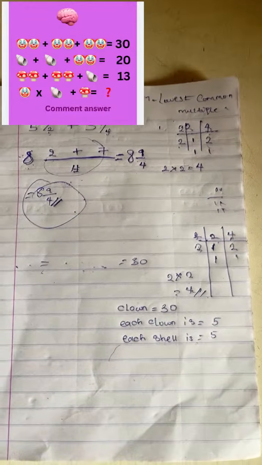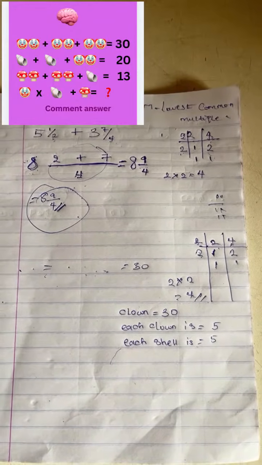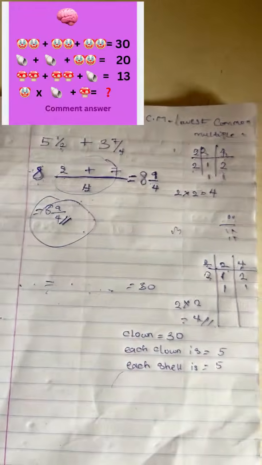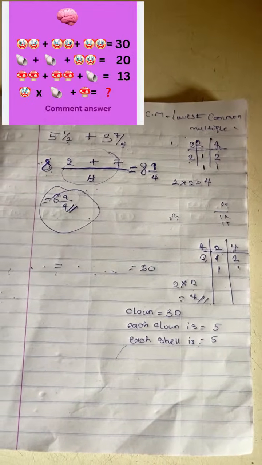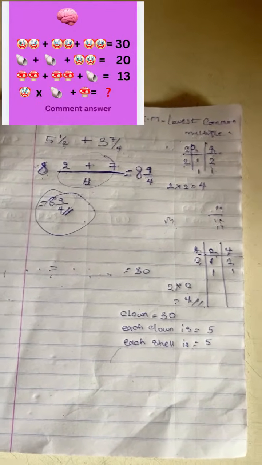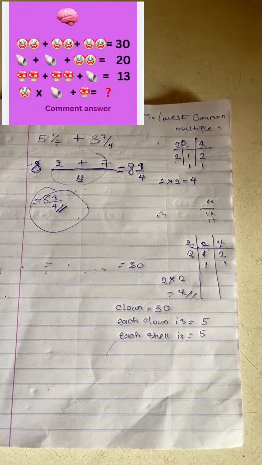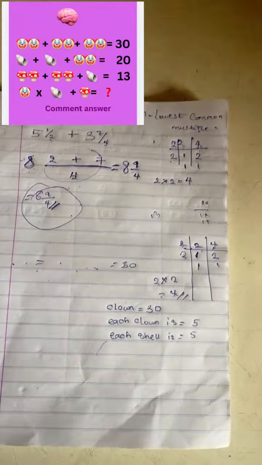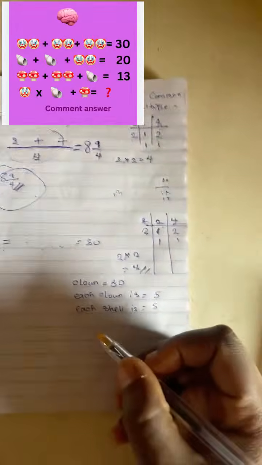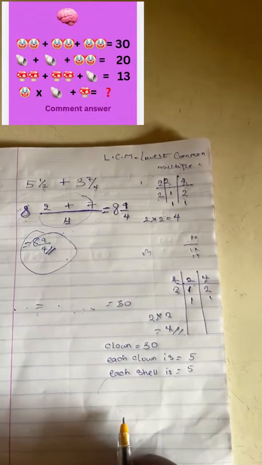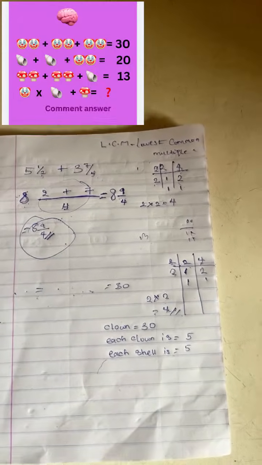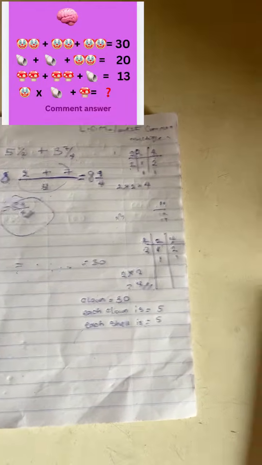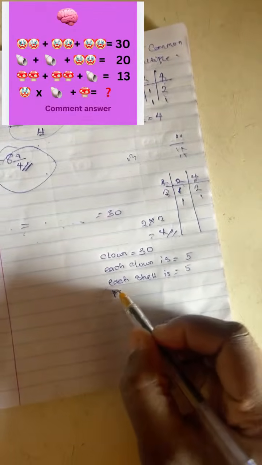Now we're looking for mushroom. 13 minus 5 is going to give us what? 8, okay. So 8, that means each mushroom is going to be 2. Mushroom is 2.